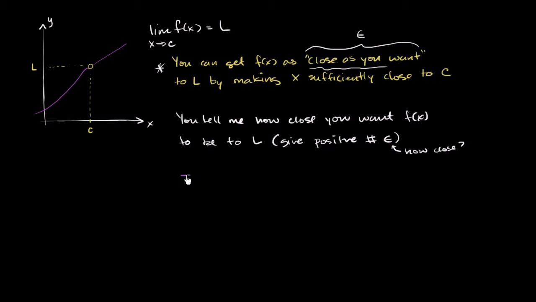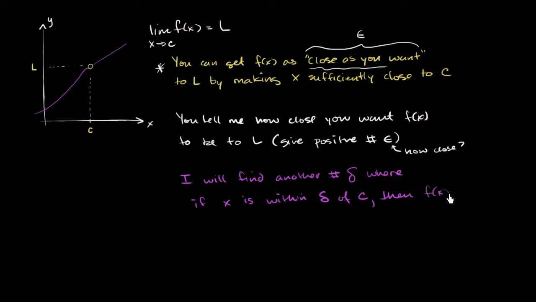I will find you another positive number, which we'll call delta, the lowercase Greek letter delta, such that if x is within delta of c, then f of x will be within epsilon of our limit.